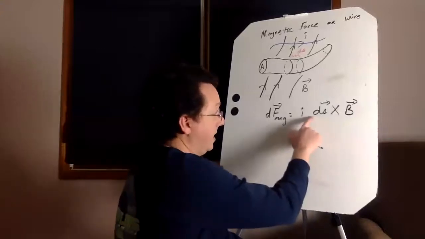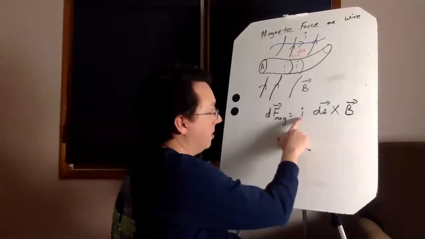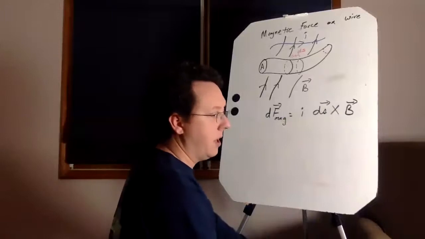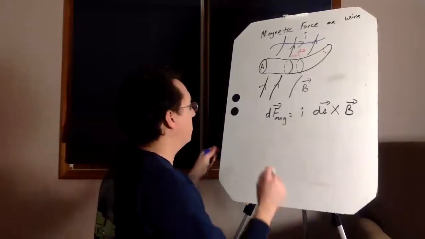And I should say ds is defined to point along the same direction as the current flows.